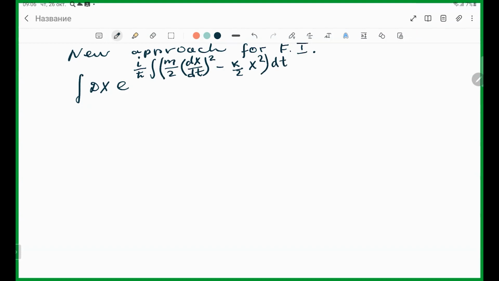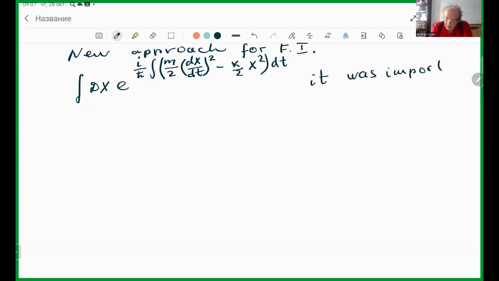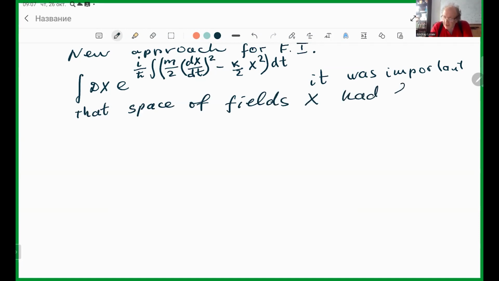And here it was important that the space of fields X had linear structure.